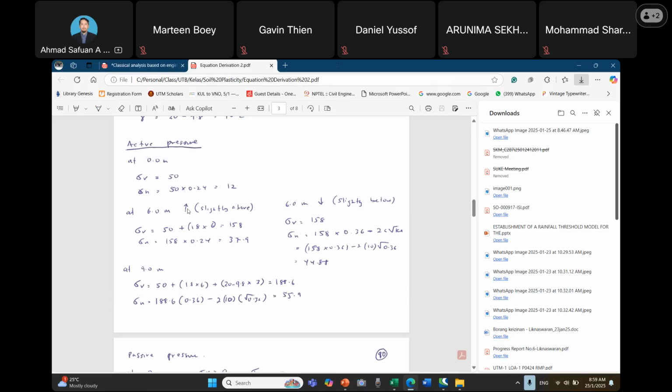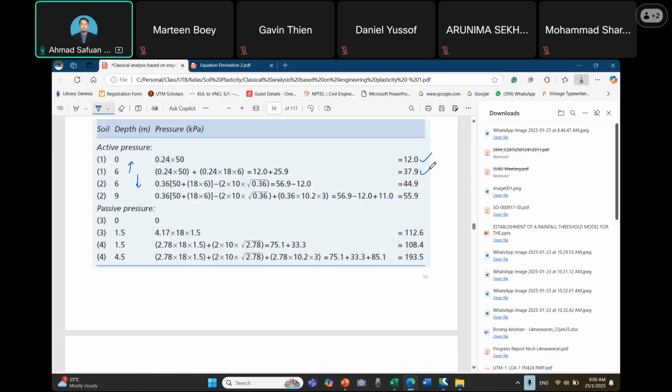So for slightly above, 15 plus 18 times 6, this is for the effective vertical stress. The lateral stress is effective vertical stress times the Ka value. So then we obtain 37.9. So this is how 37.9 is given.